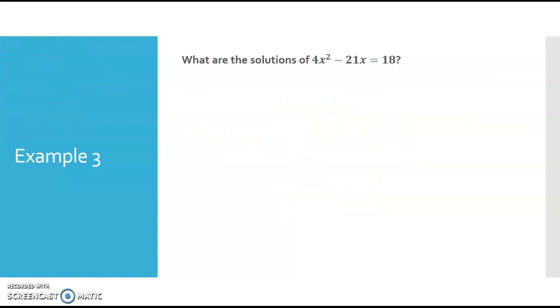What if it doesn't equal 0? Like, it has to. There's no way around it. You have to have it equal 0. So step 1 here is to make it equal to 0.